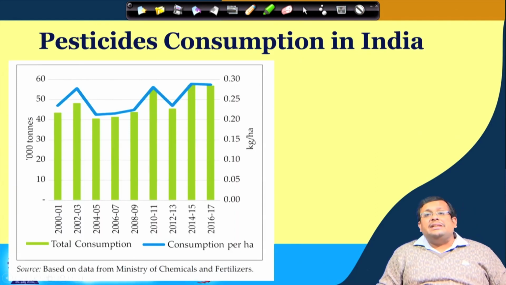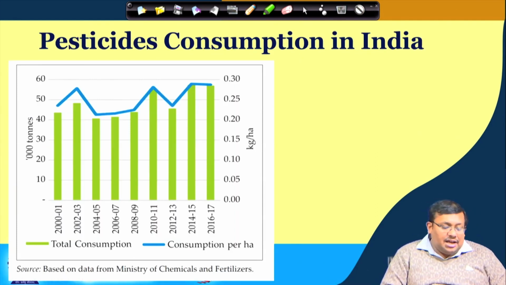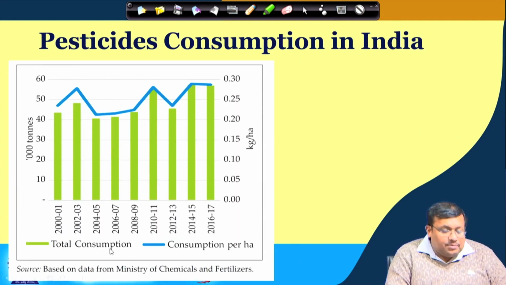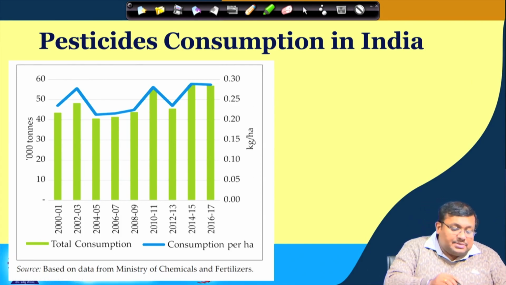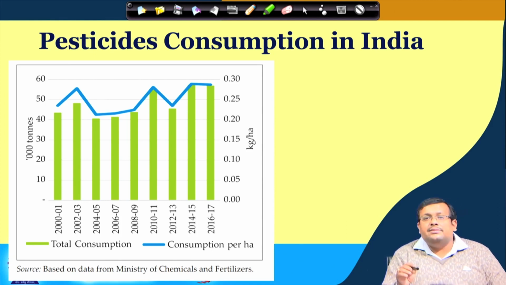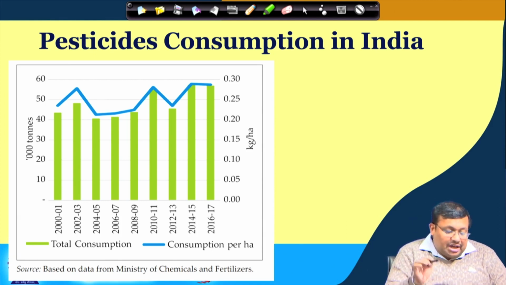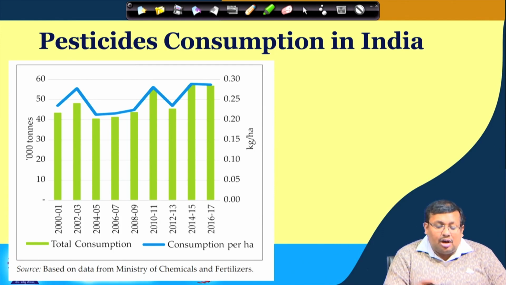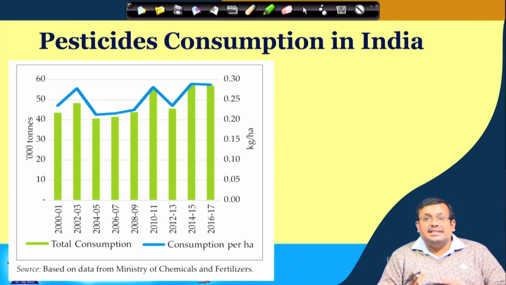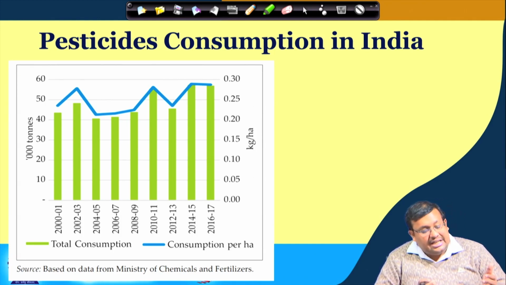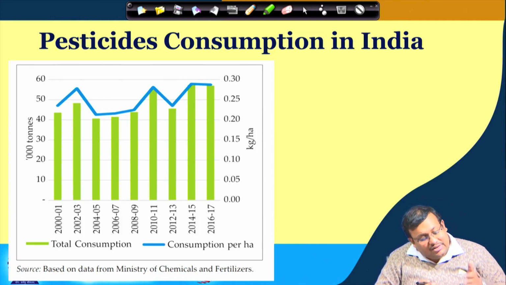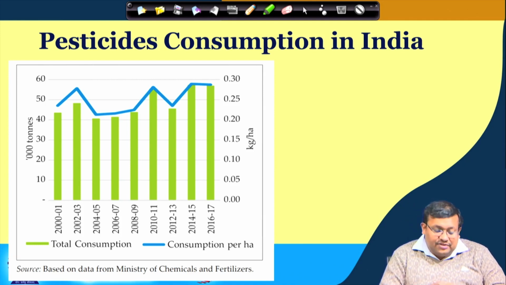If you see the pesticide consumption trend in India, this plot shows the data from 2000-2001 to 2016-17. You can see there has been an increase in pesticide consumption from 2000 to 2016. In 2014-15 and 2016-17 the consumption was almost the same.